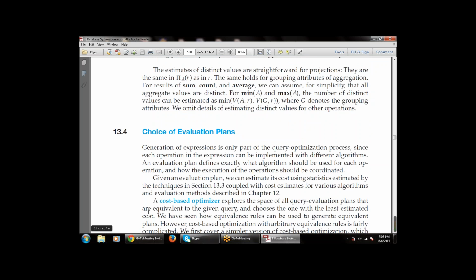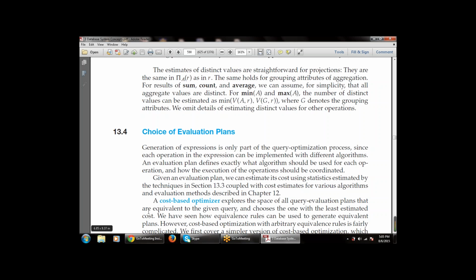It depends on the choice, on the person, how to evaluate, and what the various evaluation plan choices are. Generation of expressions is only a part of the query optimization process, since each operation in the expression can be implemented with different algorithms.